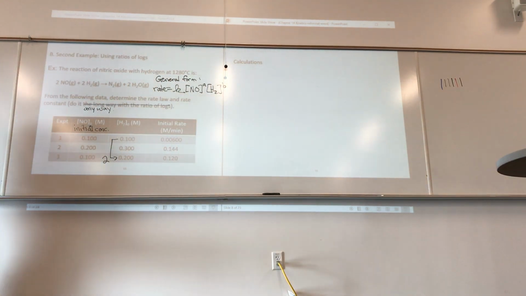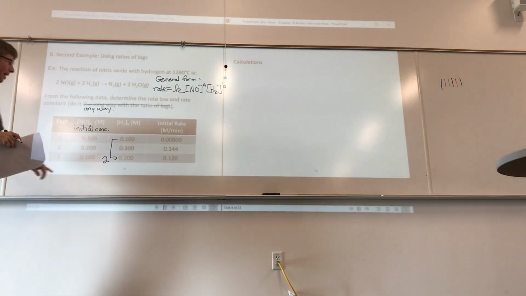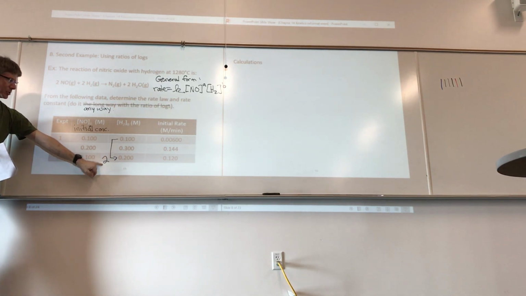And the point of this problem is to determine A and B, and then eventually determine k. All right, so now we come to this. We have 2 is the change in the concentration.